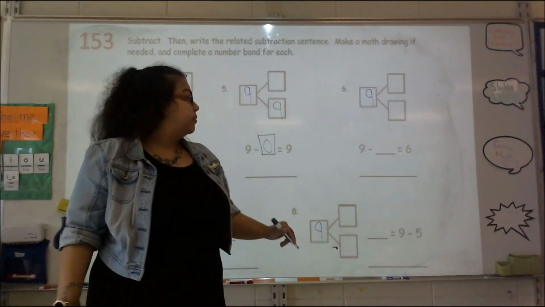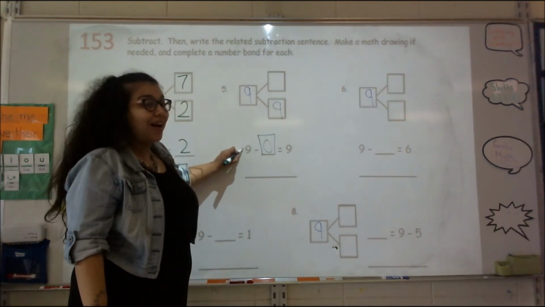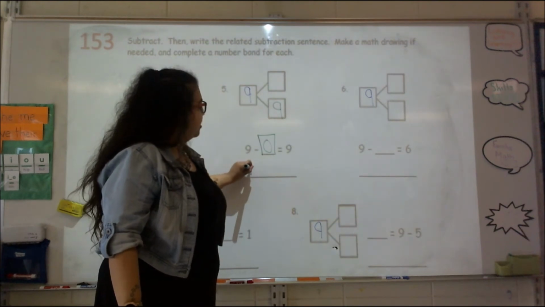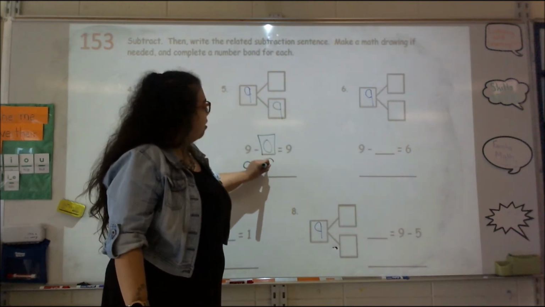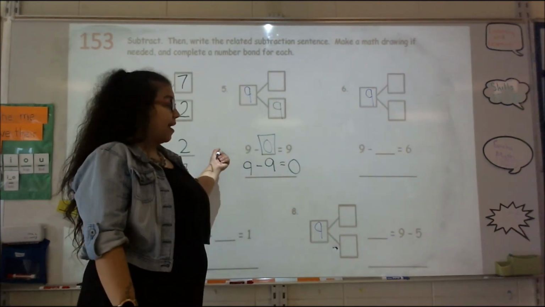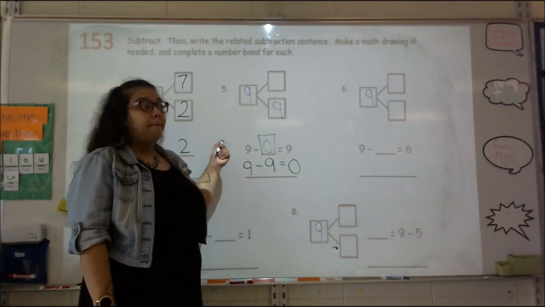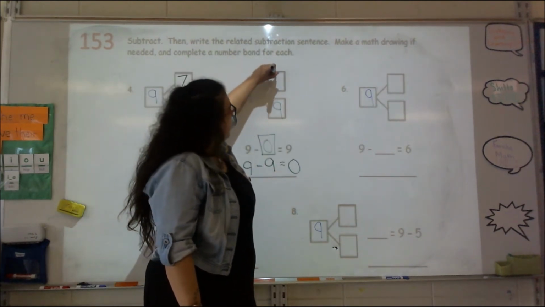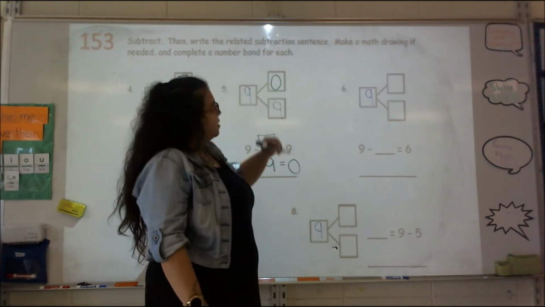That works too. So in this model, we're not eating any of our candy. And our other subtraction sentence, I ate all of my candy. So 9 minus 0 is equal to 9 means that 9 minus 9 is equal to 0. And the missing part for our number bond is 0.